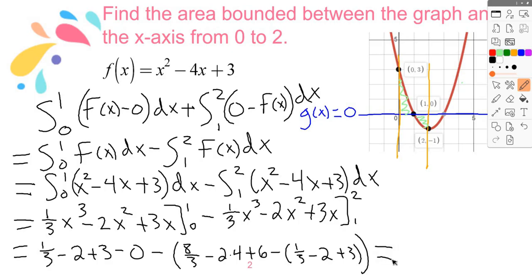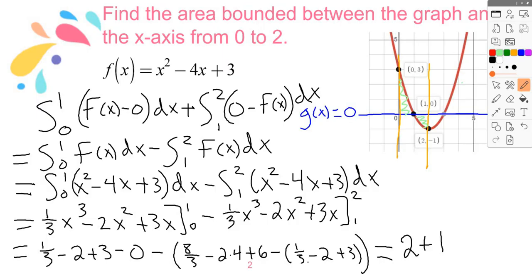Okay. But let's see. Notice that we have a bunch of thirds. So I have 1/3 minus 8/3 gives us negative 7/3. Then I'm also subtracting a negative, so that becomes positive. So negative 7/3 plus 1/3 gives us 6/3, which is 2. Then I have negative 2 plus 3 gives us 1.